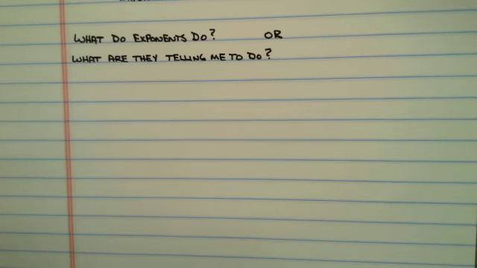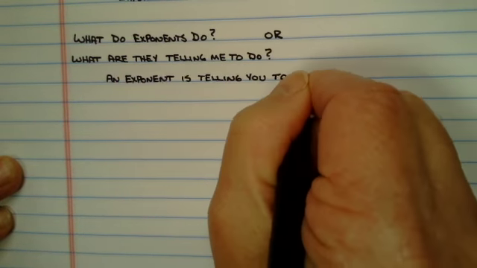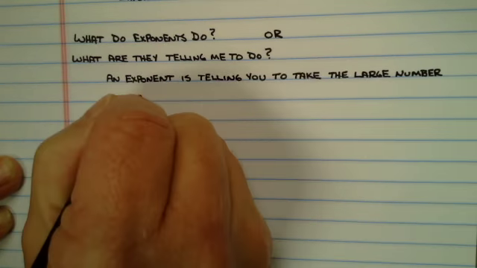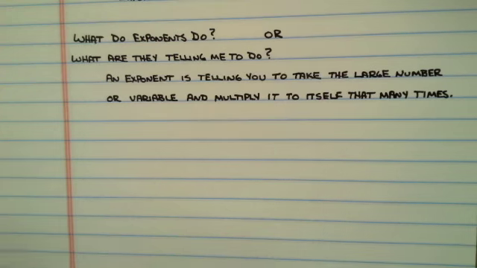So, what are exponents telling me to do? This is what an exponent is telling you to do. It's telling you to take that large number or that variable and multiply it by itself that many times. So let me say that again.